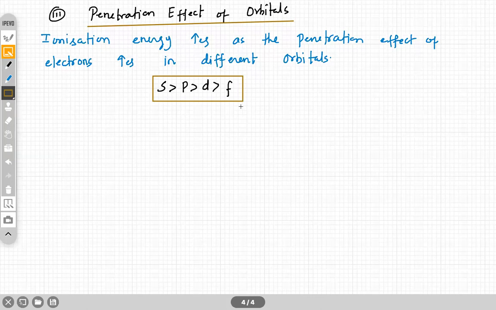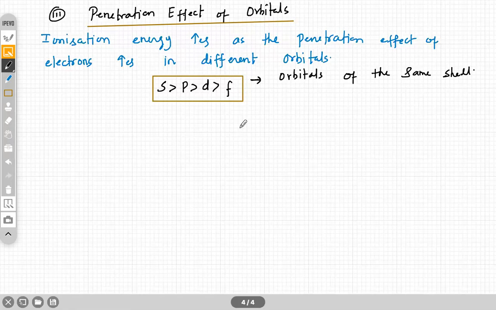These are the orbitals of the same shell.